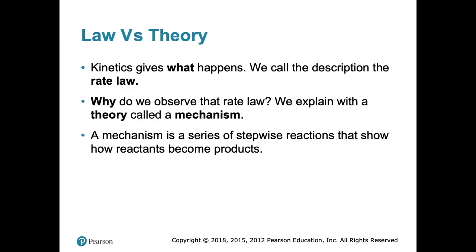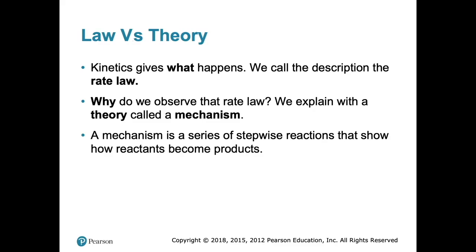I was telling you that before, where in organic chemistry, you'll have to go through and do some very detailed mechanisms on how bonds break and how bonds form, where electrons go, and all this stuff. But using the rate law, you can figure out some of the different mechanisms. A mechanism is a series of stepwise reactions that show how reactants become products.